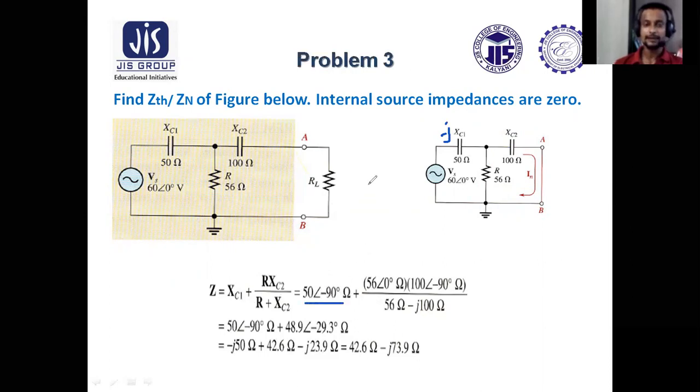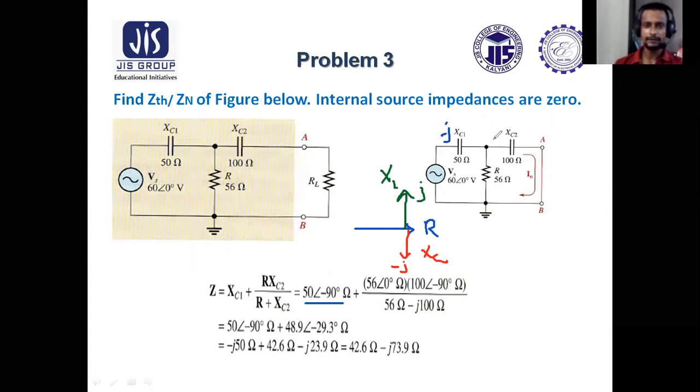Now why is a capacitor associated with minus J? If you remember the phasor diagram of voltage and current of a capacitor, or the impedance triangle, this is R, this is the axis of XC, which is in the negative J axis, and this is the axis of XL, which is in the positive J axis.